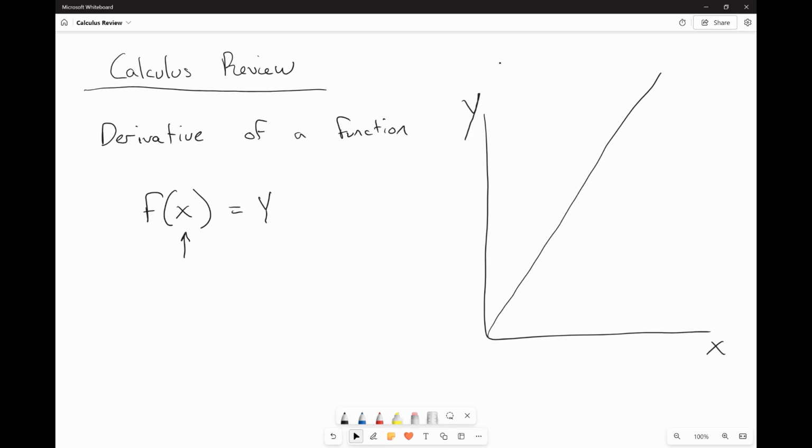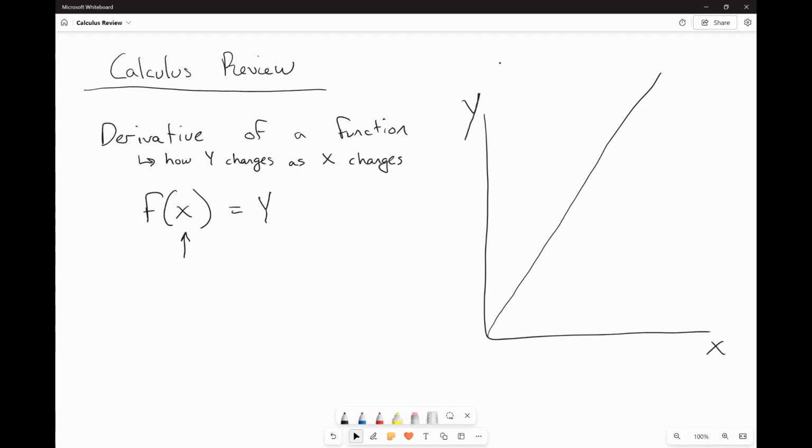Now, the derivative of a function tells us what the slope of the function is at any particular point. Let me say it differently. The derivative of a function tells us how the output, how y, changes as the input x changes.